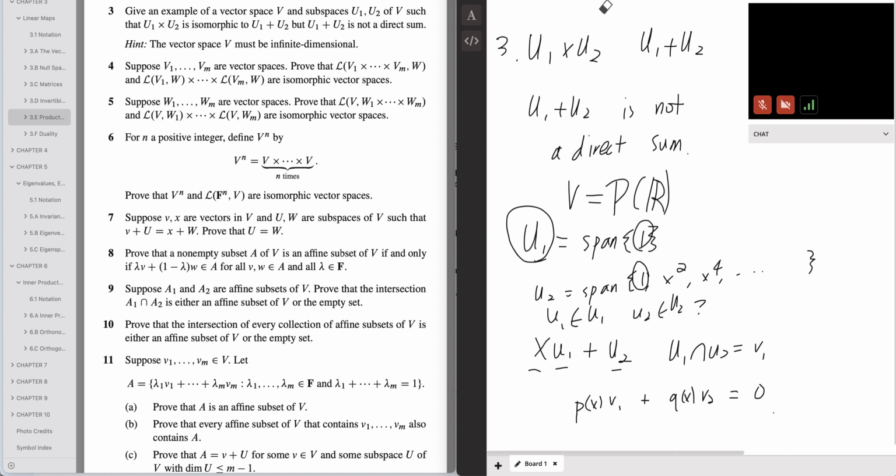But then these two guys have this v1 in common. Oh, if p, q are different, is there a way to avoid this? No, I don't know. This question is beyond me.